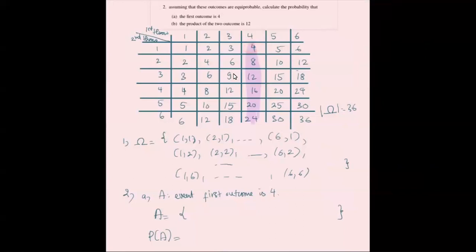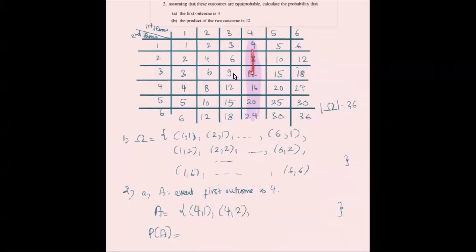I will write down the elements that belong to A. This one here is 4 and 1. This one here is 4 and 2. This one here is 4 and 3. And 4, 4, 4, 5. And then 4 and 6, like this.